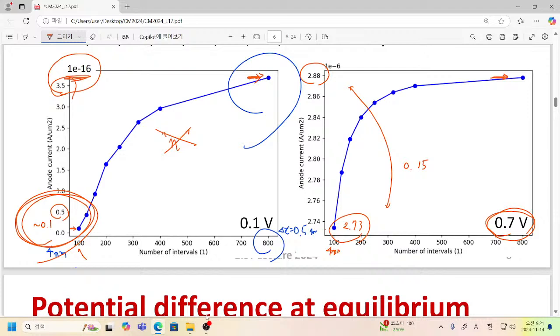Okay, so anyway, it depends on the bias point. At some certain bias point, some problems occur, and at some bias conditions, it seems that it's okay. However, as a developer, our goal is to build a code which can work for general cases.